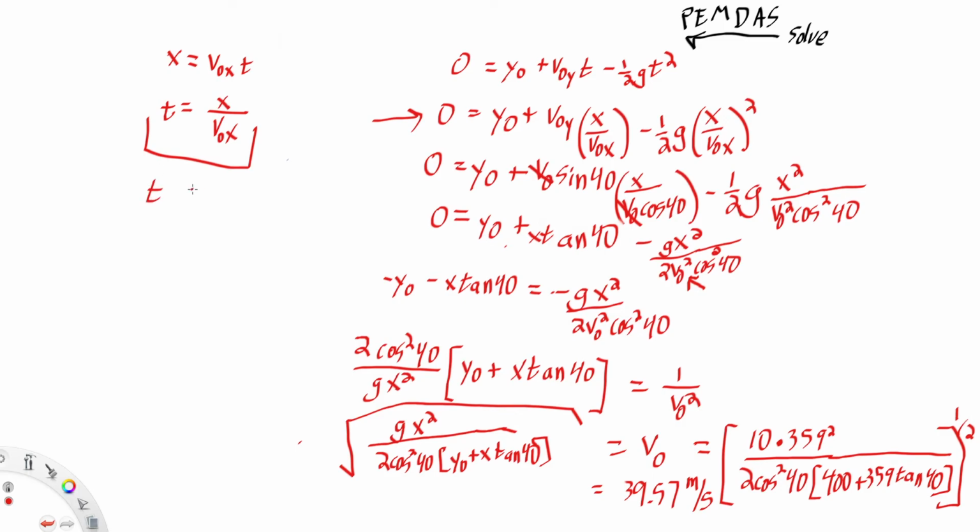So t is equal to 359, that's our x, over 39.57 cosine 40. So we're looking at close to 12 seconds of hang time.